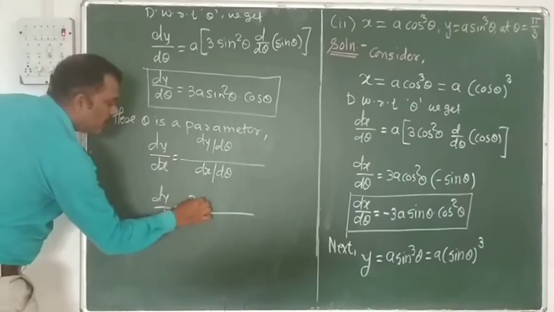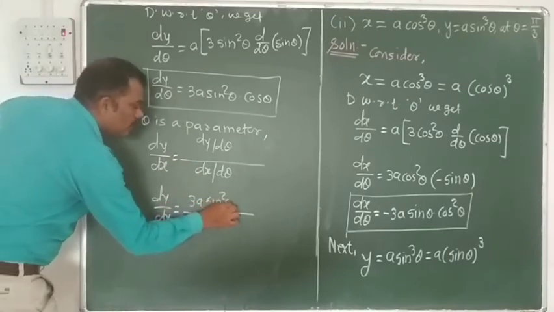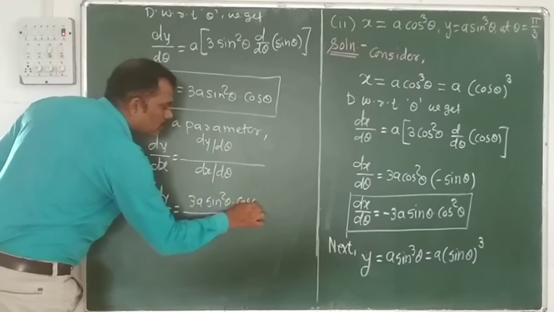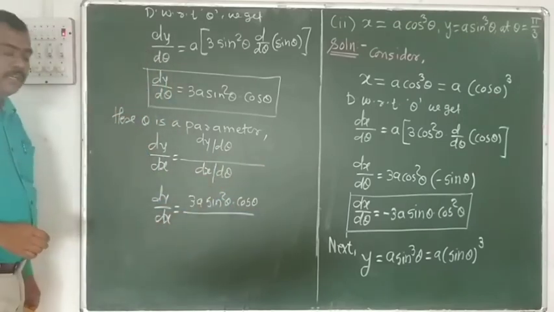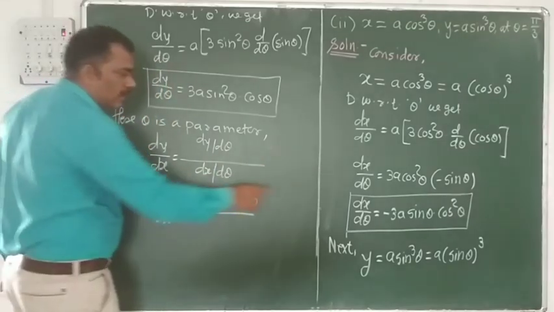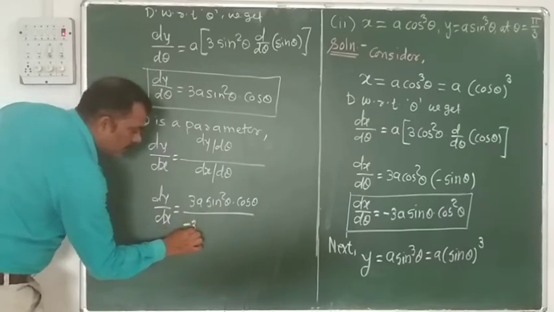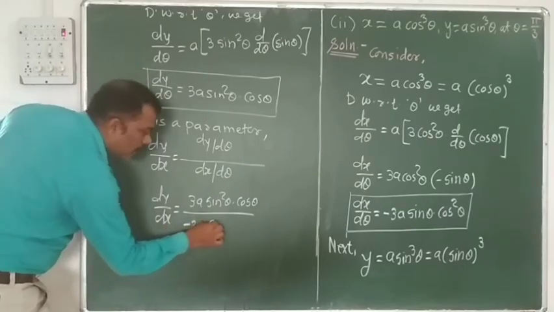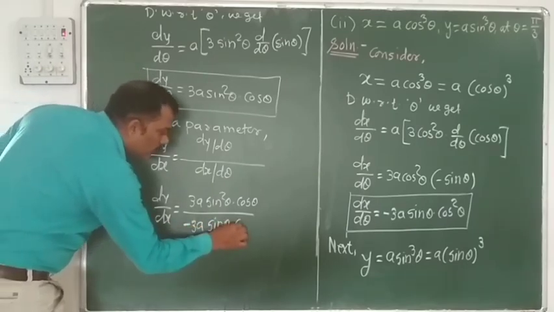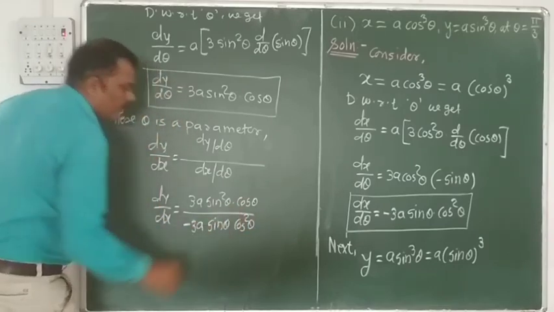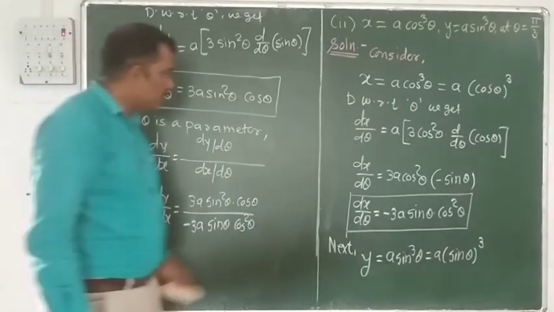Here 3a sin square theta into cos theta. Now what is the value of dx by d theta? Here minus 3a sin theta into cos square theta.